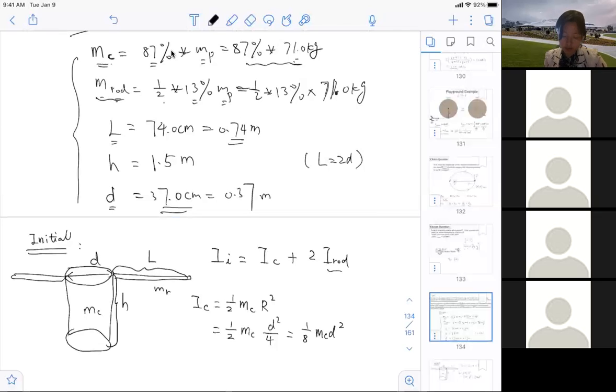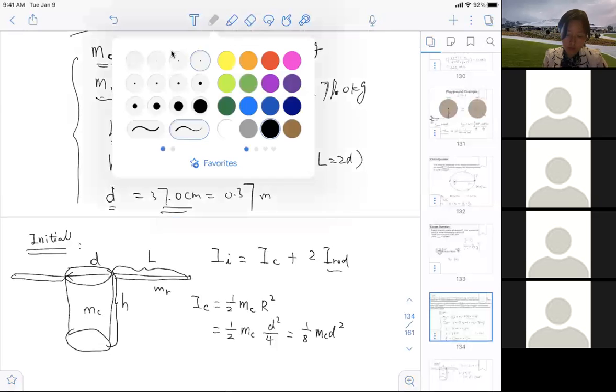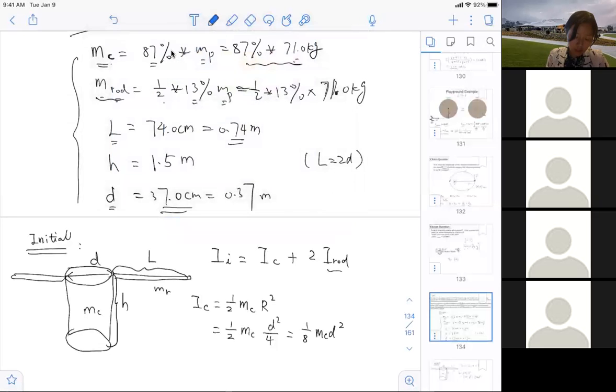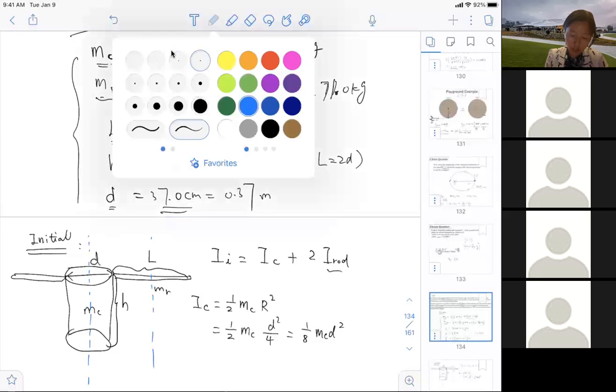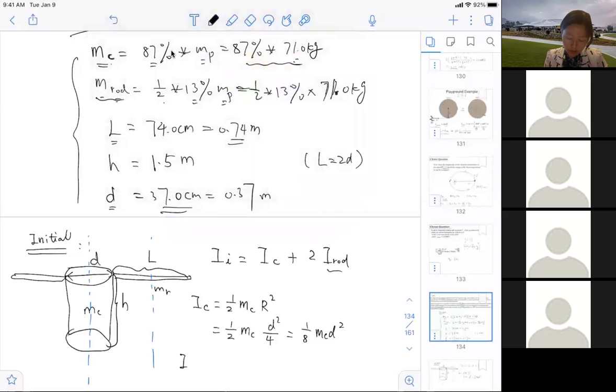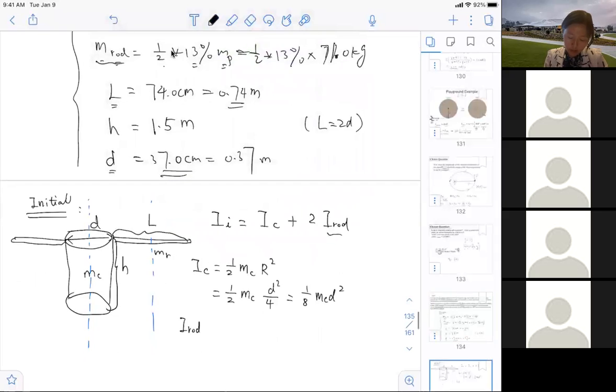Now the rod. The rotational axis is here. You're rotating toward the center of your body, like that. But what we know about the rod is that relative to its own center of mass it is 1/12 m L squared.